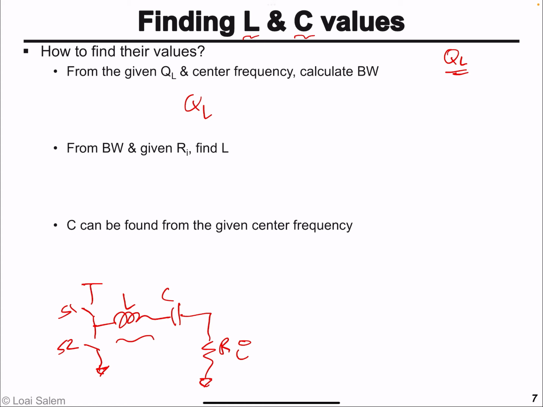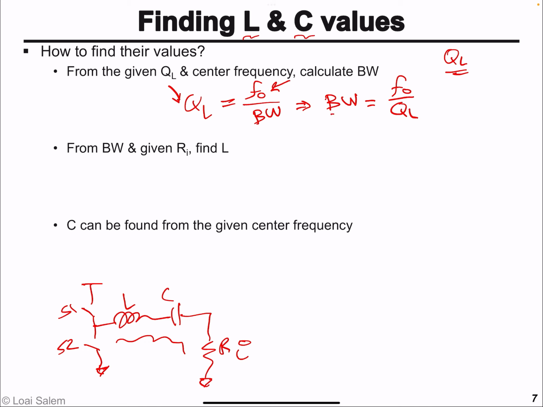So we know that the quality factor of a second order RLC circuit is equal to the center frequency divided by its bandwidth. Given the quality factor and the center frequency, we can find the required bandwidth as F naught divided by QL.